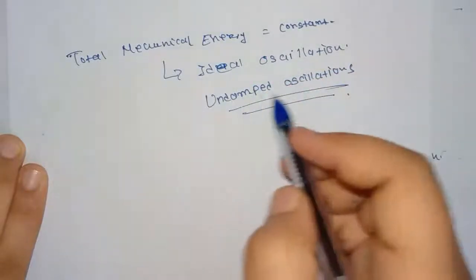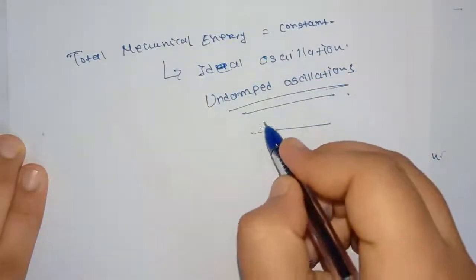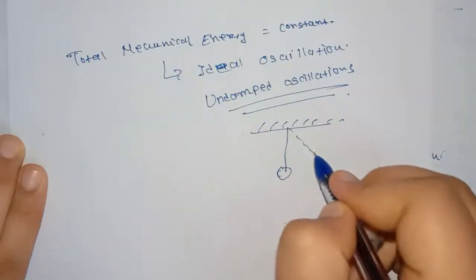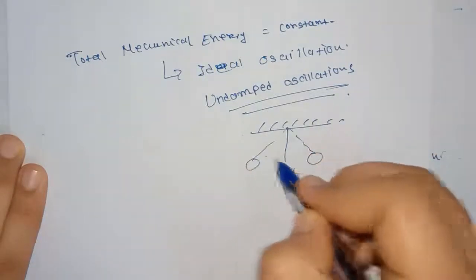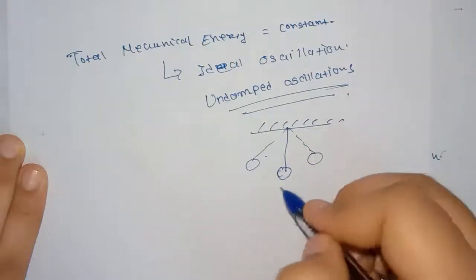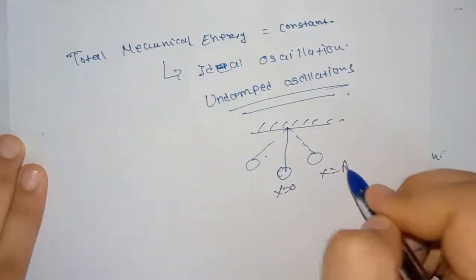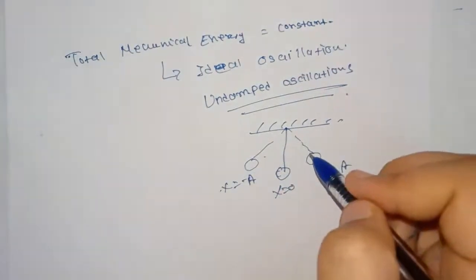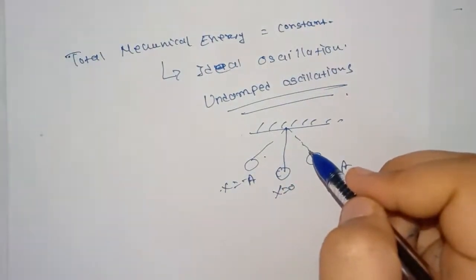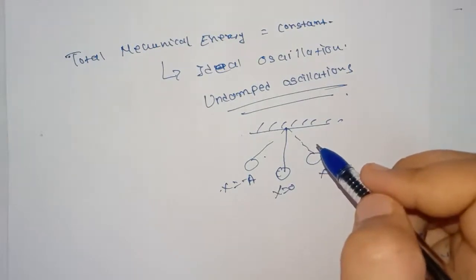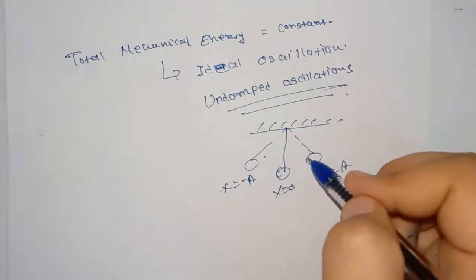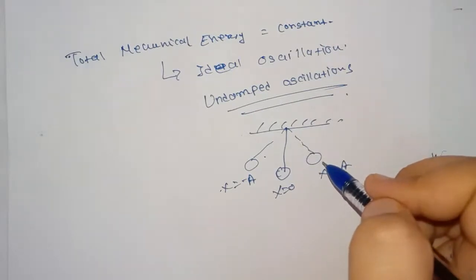In the case of undamped oscillation, say for example for a pendulum, once the pendulum starts its oscillation, there is no resistive force, so it will continue to move in this direction for infinite period of time until and unless some external force is applied to stop it. Its amplitude will not change, its amplitude will be constant with time.